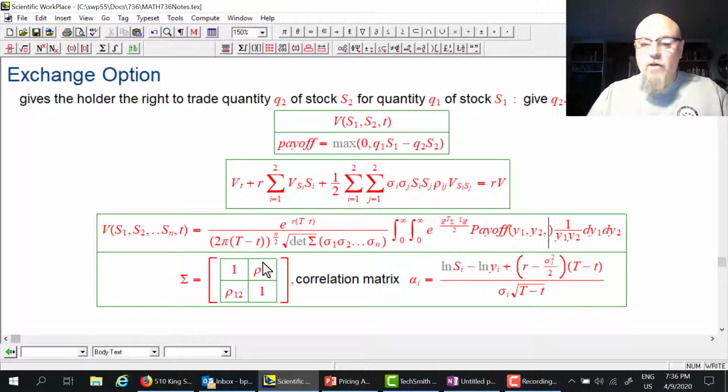Since there's only two stocks, our correlation matrix is just this 2 by 2, and we've got the two alphas here. Our determinant is just going to be 1 minus rho squared, since there's only one off-diagonal term. We can put that in for our determinant here to simplify.